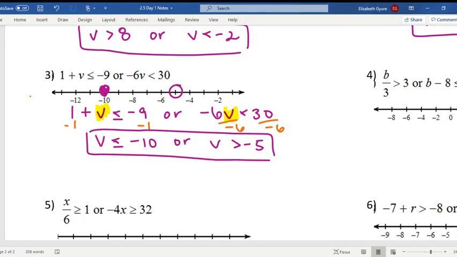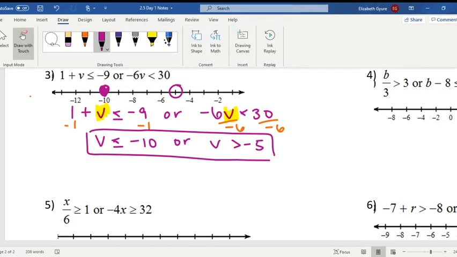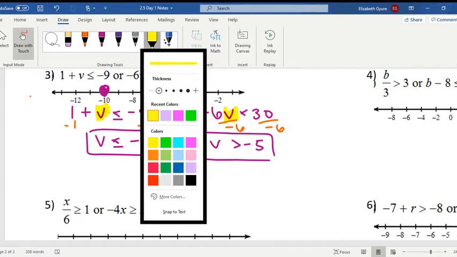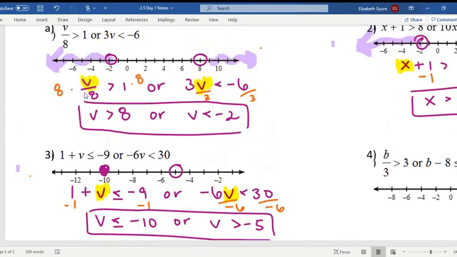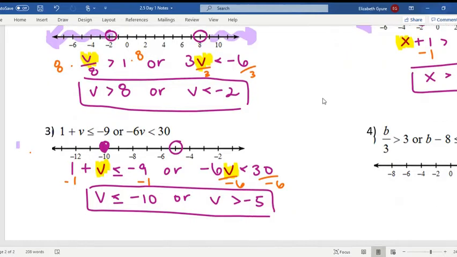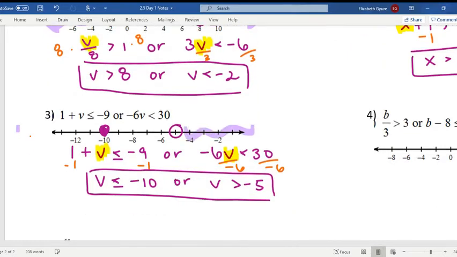And Nick, if it's an or inequality, where do I need to shade? If it's an or inequality, these ones won't overlap. If you look at the one above it, where did we shade on the first one? Yeah, on the outside. So these ones will all be on the outside.